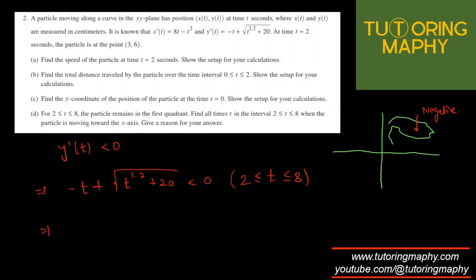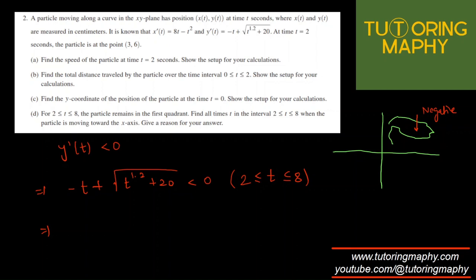So all we need to do is plug this into our calculator. What you can do is you can just plug it in, or you can graph this function, but make sure you set up your window between 2 to 8, and just find out when it is below the x-axis. Below the x-axis is where it is going to be negative, and that's what we are interested in.